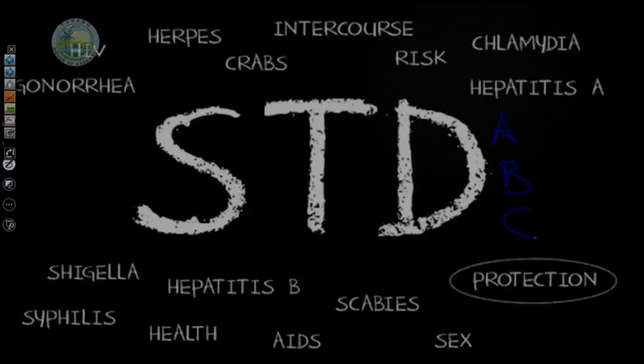You cannot get an STD if you are abstaining from any sexual practices. B, be faithful. If the two partners maintain their faithfulness, then you cannot spread the disease. And C, condomize if you are concerned about exposure to an STD.